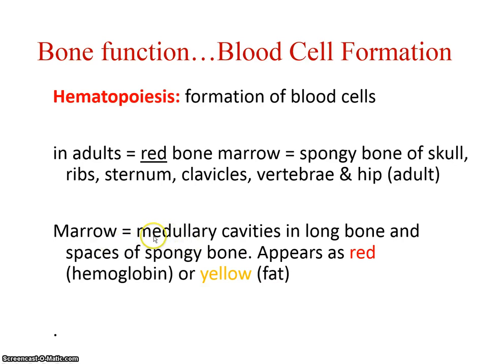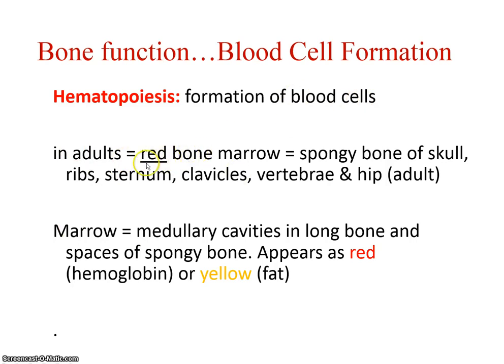If it's in the medullary cavity, the continuous space in long bones, it's generally yellow marrow, which is fat and can store energy. If it's in the spongy bone, it's generally red bone marrow, and it gets its appearance because of the molecule hemoglobin. Hemoglobin is necessary to make red blood cells. And so this red bone marrow is the exclusive site for the formation of blood cells.